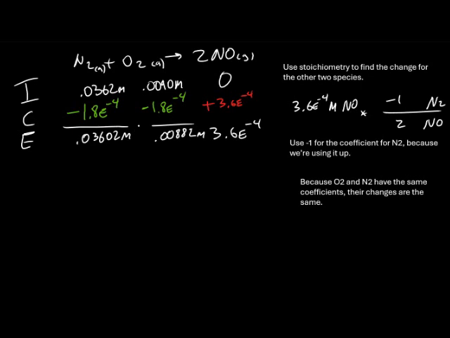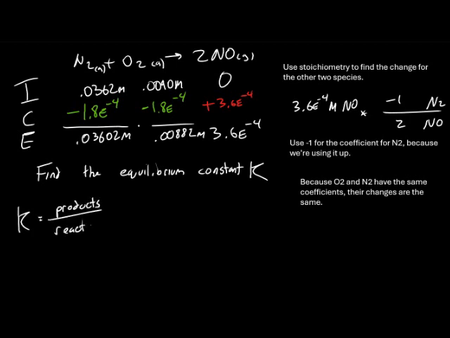Now we find the equilibrium constant, which was the initial goal of this question. Remember that K is products divided by reactants. Our product is going to be the NO. We're going to raise that to the second power because there is a 2 coefficient in front of it.